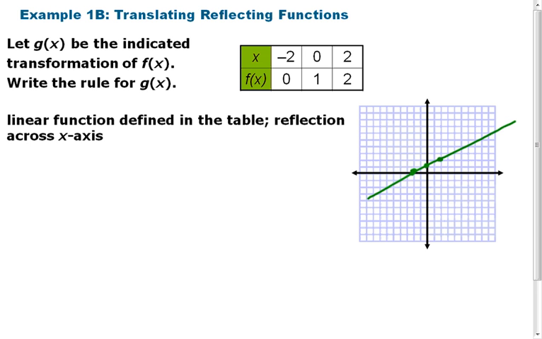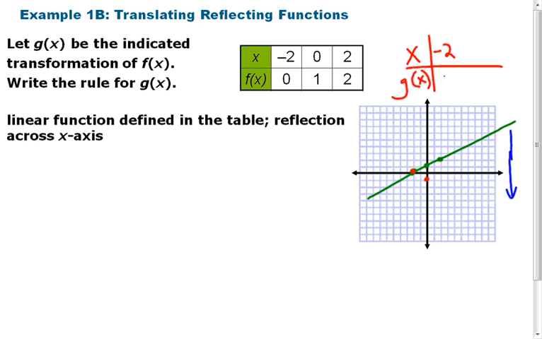If it's reflecting across the x-axis, that means this is going to be flipping down across the x. So if it was (-2, 0), that new point, I'm going to go with red on this one, is going to stay the same. At 0, instead of being at 1, it's going to be at negative 1. So maybe we'll do a little table.